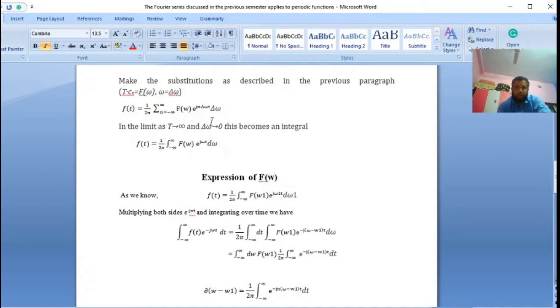So this integral gives this function, and this function will give this integration. So as we know, f(t) is equal to like that.